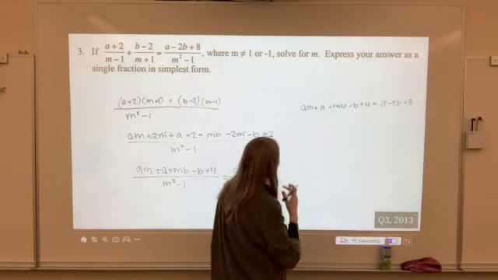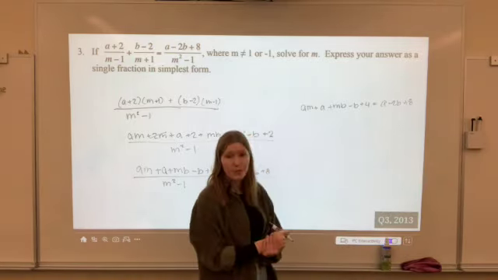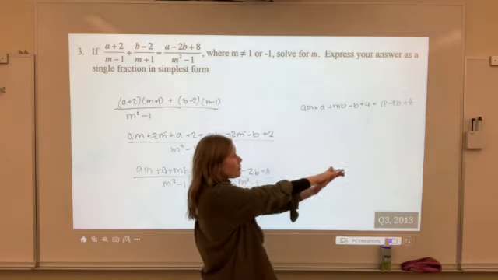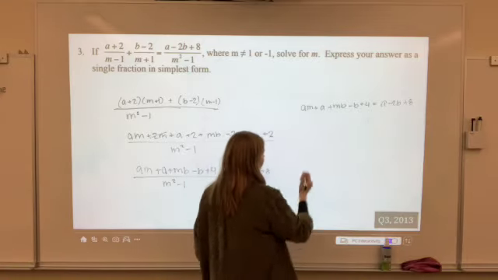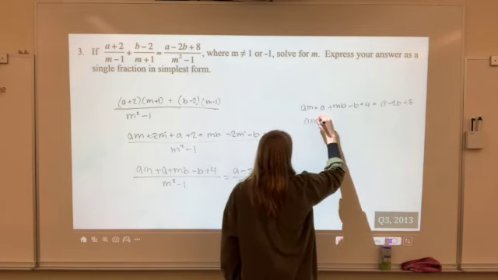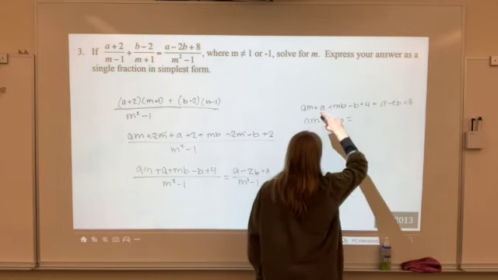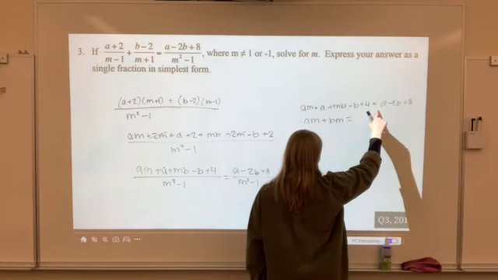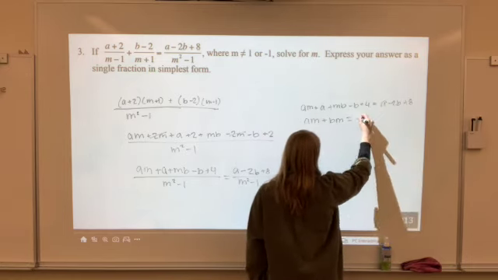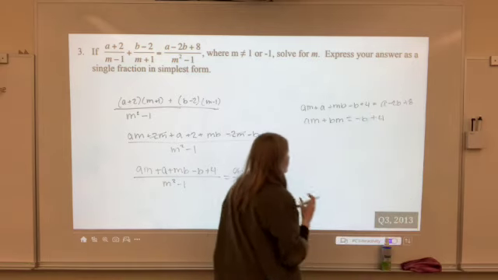Okay, and we're solving for m. So let's get all of our m terms on one side and all of our non-m terms to the other side. So we have am plus bm. Now on the other side, we subtract the a, so our a's cancel. We add a b over here, so we have negative b. Subtract a 4, so we have plus 4.